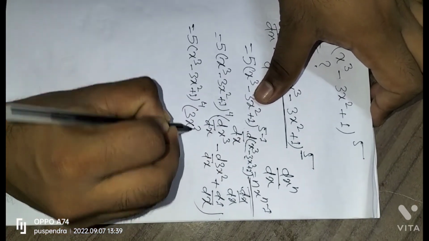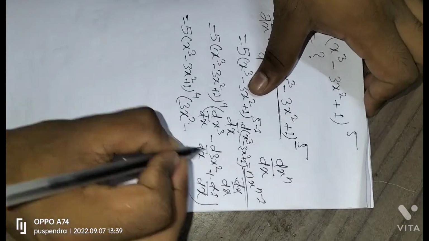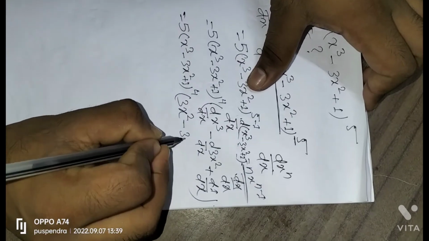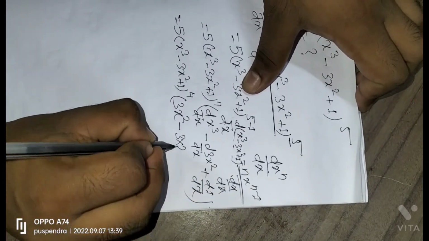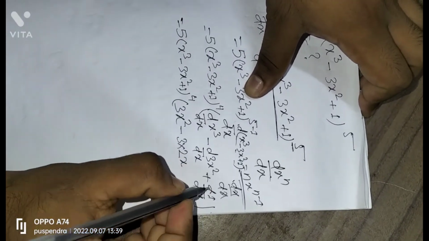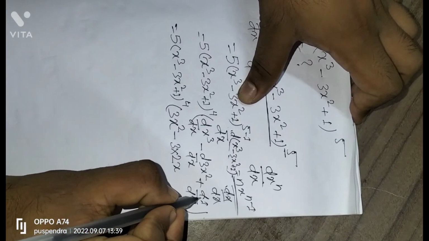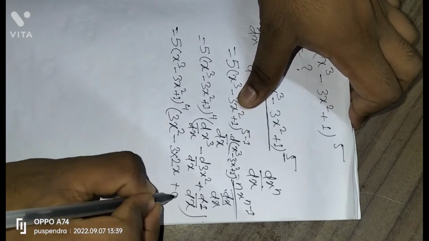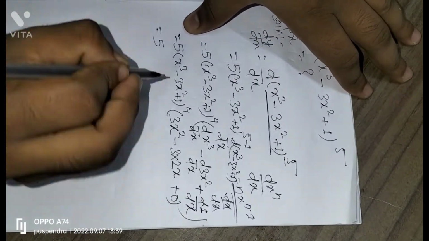Minus, here 3 is a constant and we can write it outside, 3 into, here n is 2, so write 2 here, and x to the power 2 minus 1, that is 1. So we do not write 1. And the derivative of a constant, here 1 is a constant, is 0. So this will be our final answer.